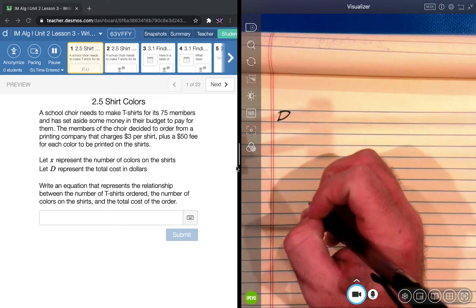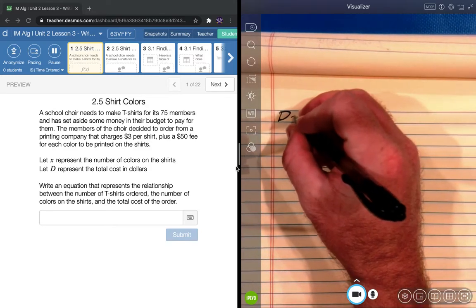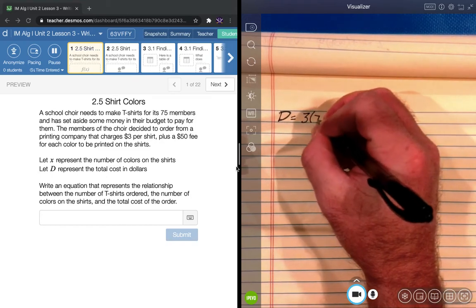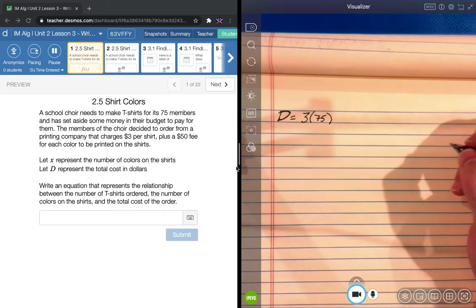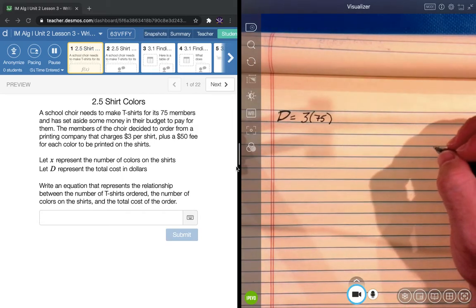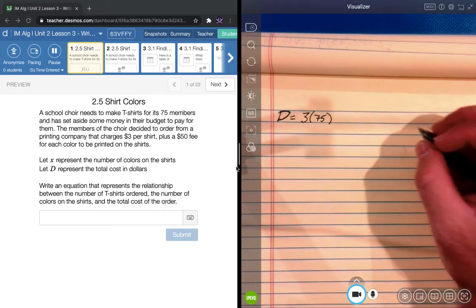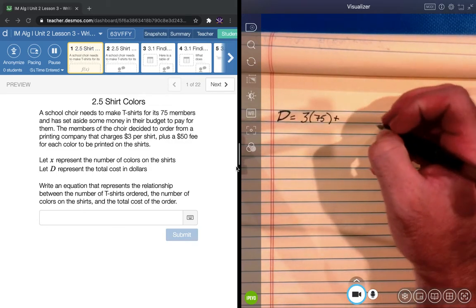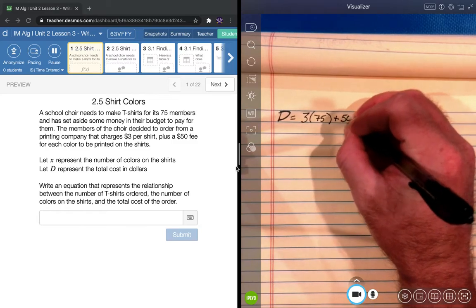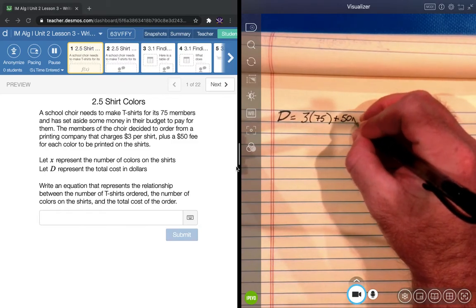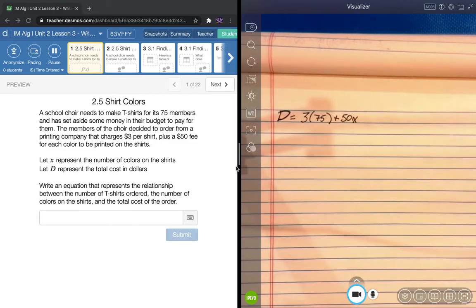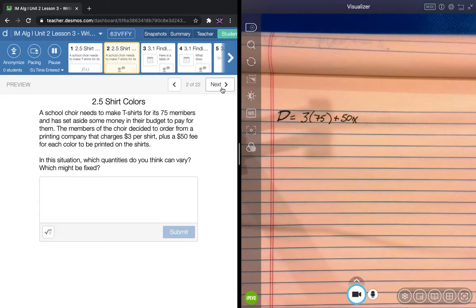So we've got D equals, and we know it's $3 a shirt. We know that it is 75 shirts. What we don't know is how many colors are going to be on the shirt. So it is this plus the $50 fee times how many colors there are. This is our equation that we ended on yesterday.